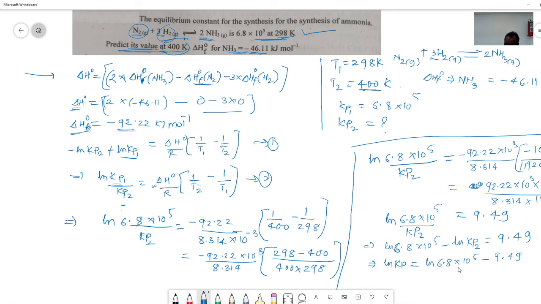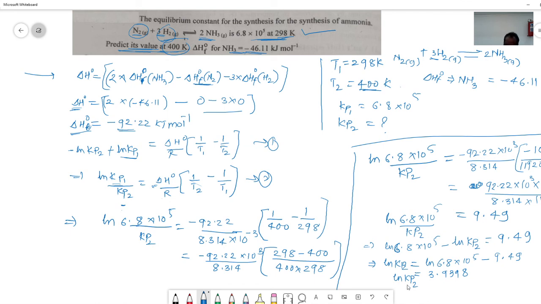If I take the ln value of 6.8 into 10 raised to 5 minus 9.49, that can be calculated very easily. This is ln Kp2, and that value comes out to be 3.9398, which we can easily calculate with the help of a calculator.